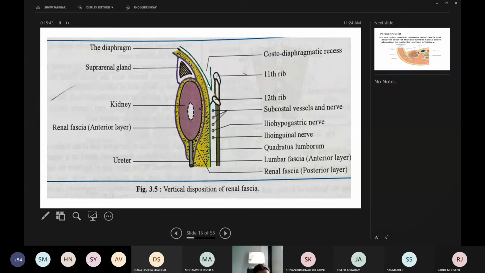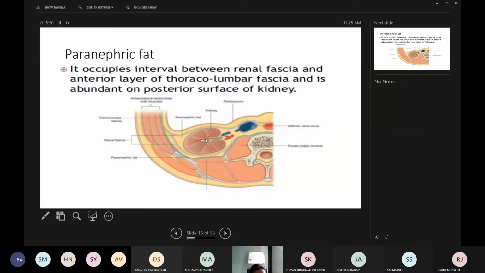Behind the kidney, this fat, what we see, is the paranephric fat. This occupies the interval between the renal fascia, that's the posterior layer of renal fascia, and this psoas major muscle, this is quadratus lumborum, which is covered by the anterior layer of thoracolumbar fascia and fascia transversalis.